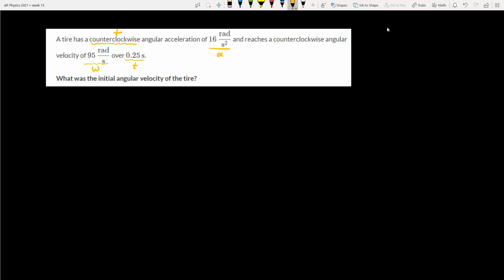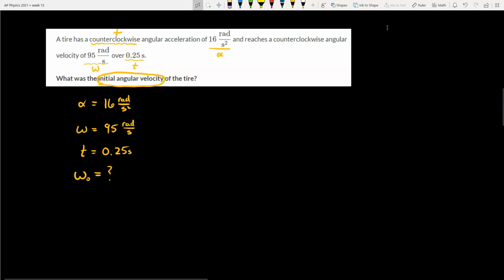So I know it's got an angular acceleration of 16. And it's asking us what was the initial angular velocity, right? So we are trying to find the initial angular velocity right there.